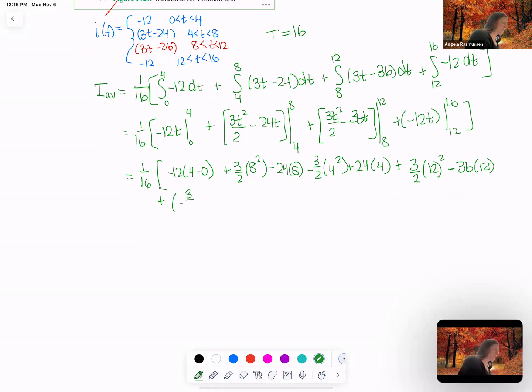And then this minus 3 halves 8 squared, and then a plus 36 times 8. And then this becomes a minus 9.